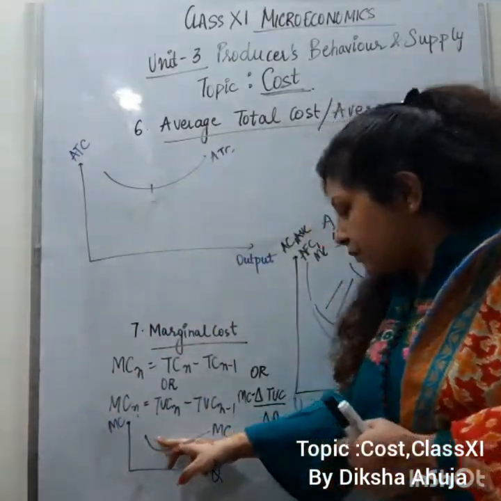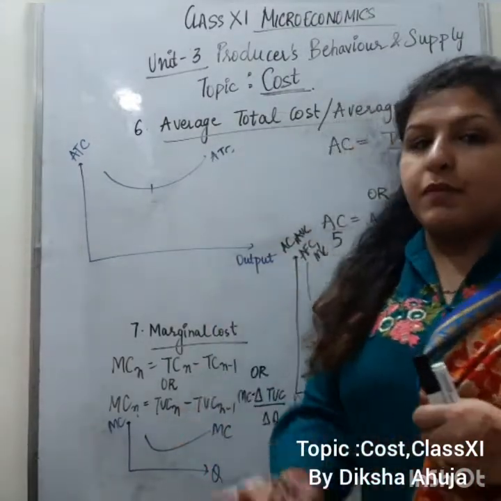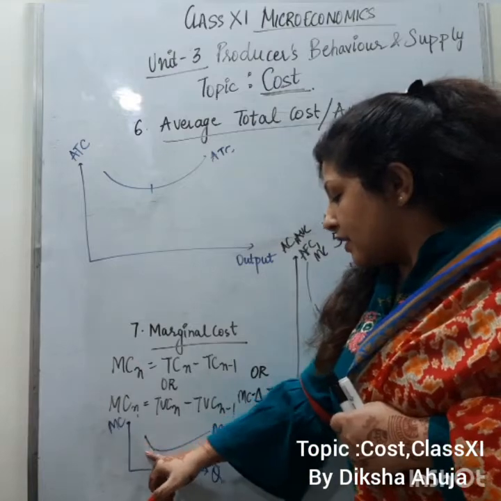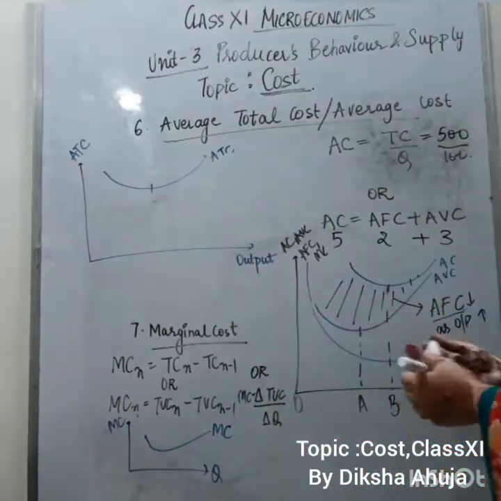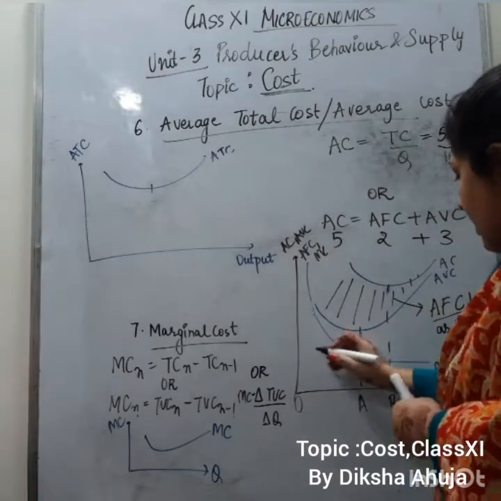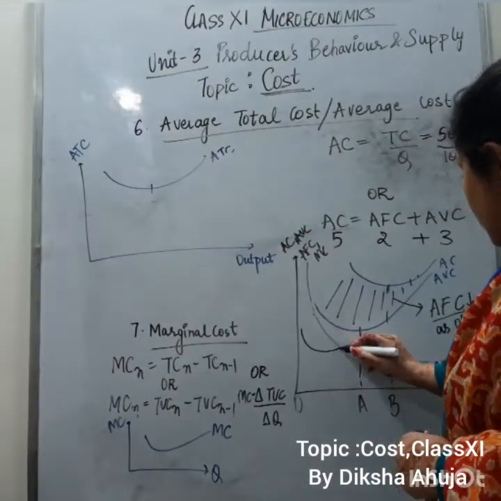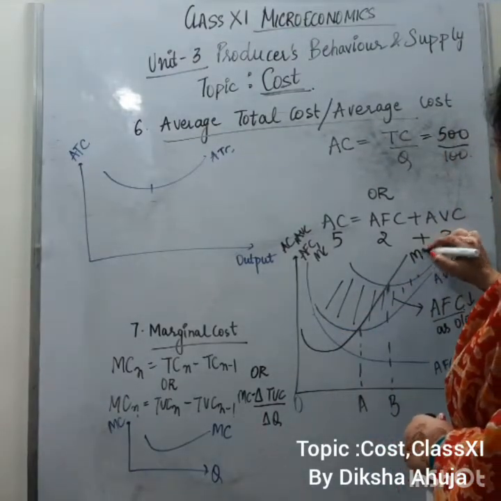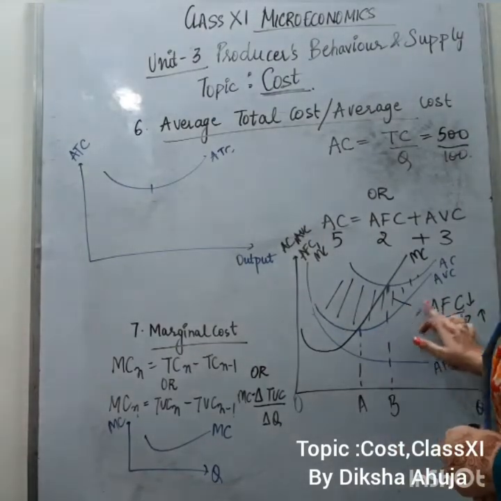Just have a look. Marginal cost is also U-shaped because of the law of variable proportion. It first decreases and then increases. It is somewhat like the Nike sign. So if I make this marginal cost here, how does it go? It decreases and then it increases and cuts the minimum points of AC and AVC. It cuts at the minimum points, right?